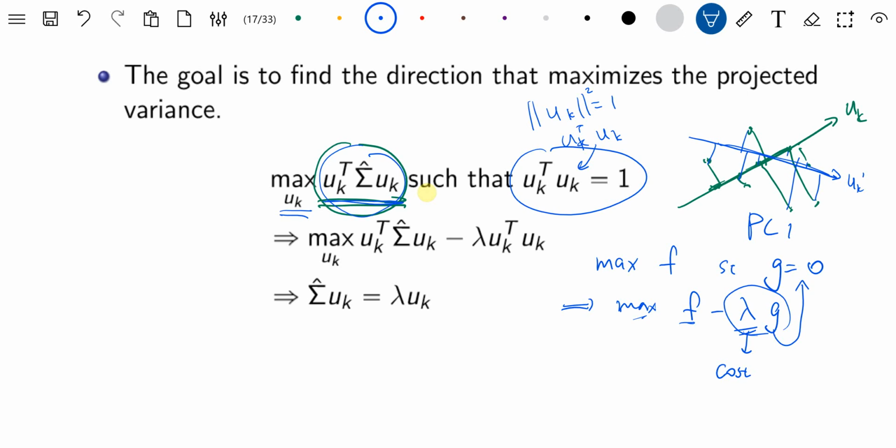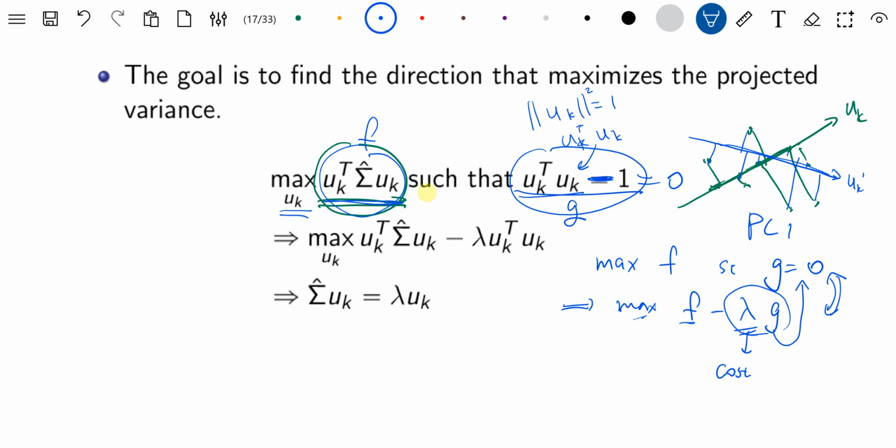So no matter how large the cost is, this whole thing is still optimal. It turns out we can prove that these two are equivalent, and that method is called the Lagrange multiplier method. So here our f is this, and g is u transpose u minus 1 equal to 0. So g is this thing.